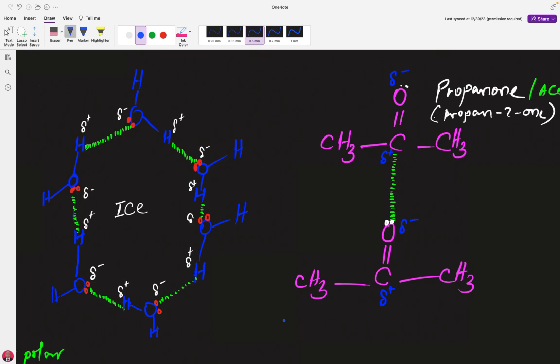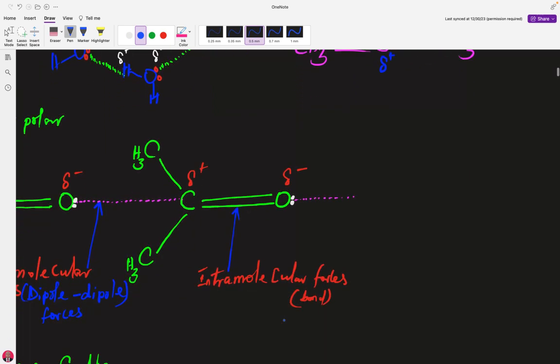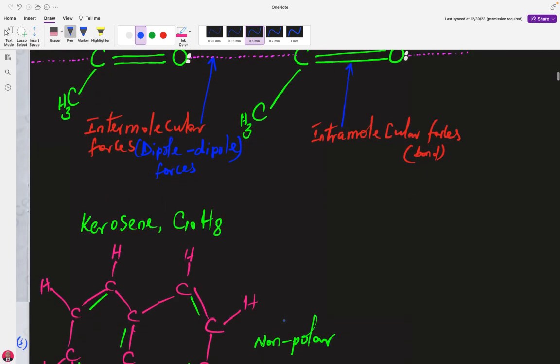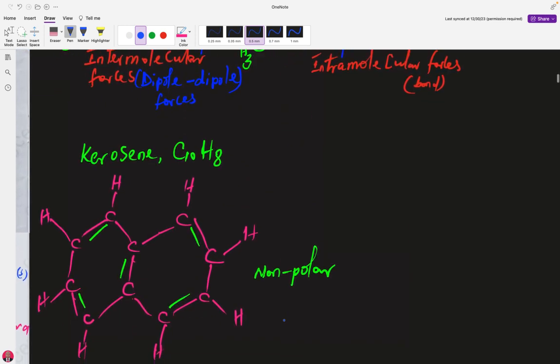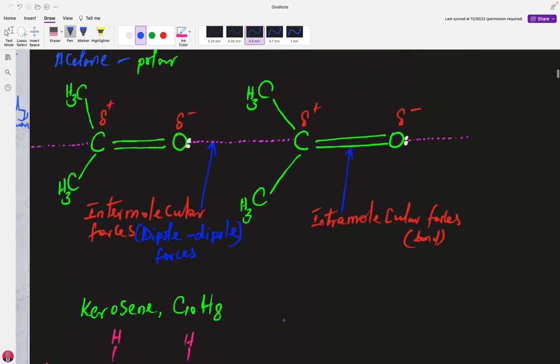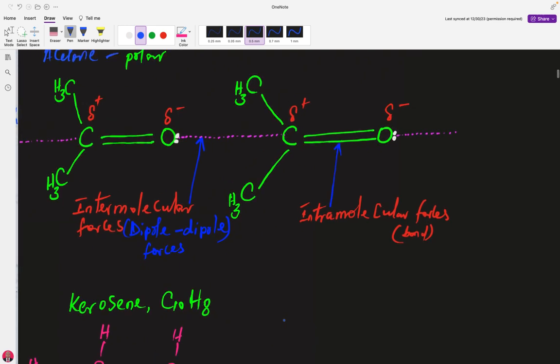If you go to hydrocarbons, like the one I just showed you, like kerosene, hydrocarbons are non-polar. So what they will only have will be London dispersion forces.